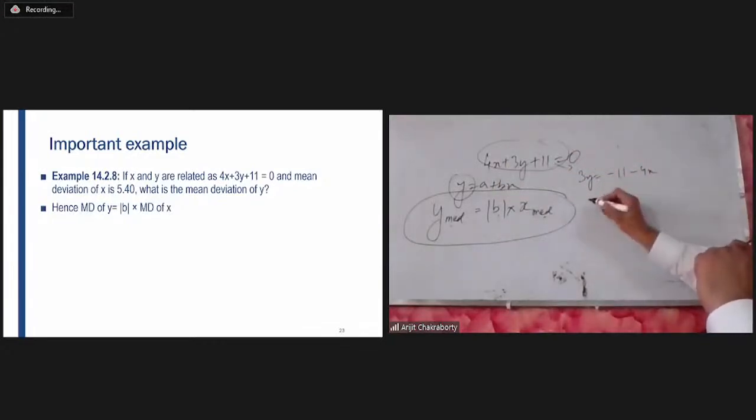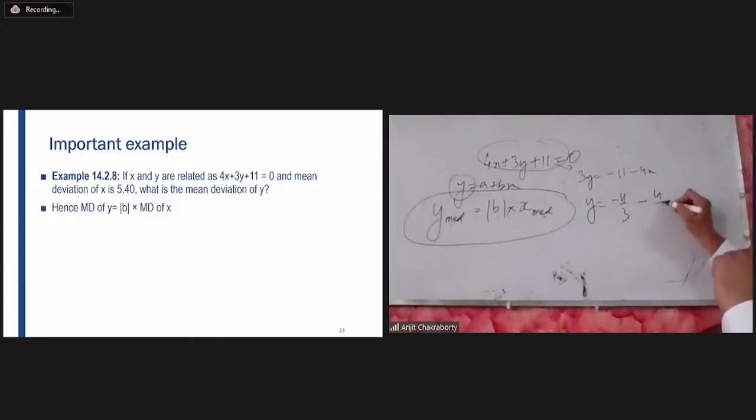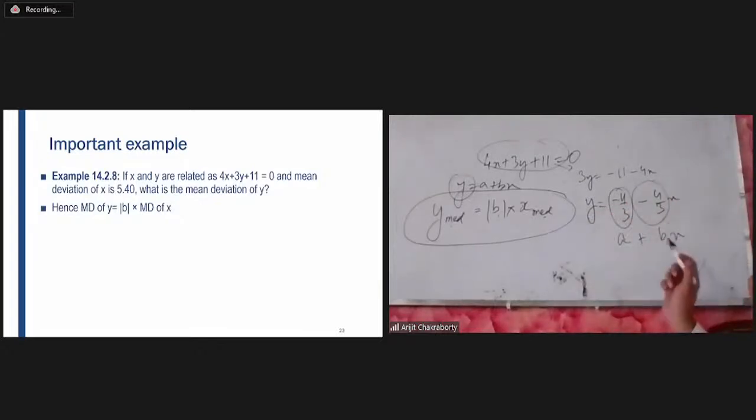So therefore I'm getting y equal to minus 11 by 3 minus 4 by 3x. Please note, it is now of the form y equal to a plus bx.